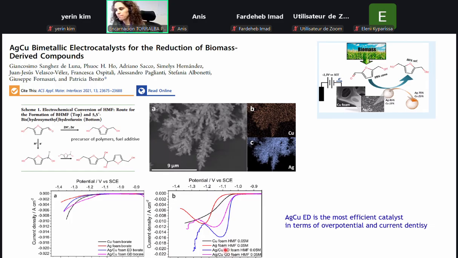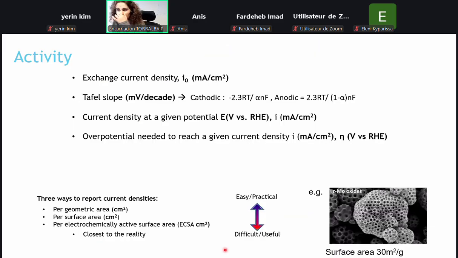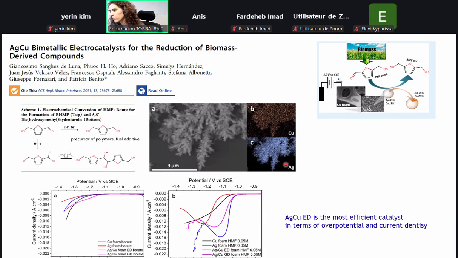So, according to what I just said, I want to have the highest current density and the lowest overpotential. So from this one, but the best in terms of current density, I mean, the one that gives me the highest peak, is this one.